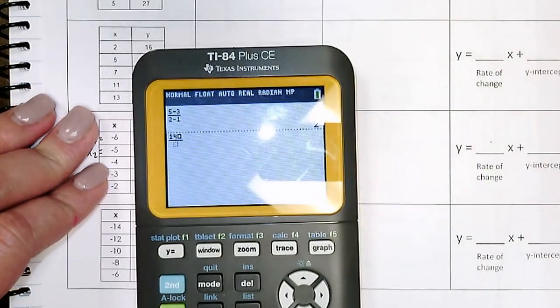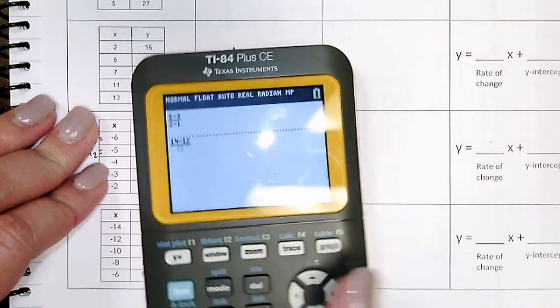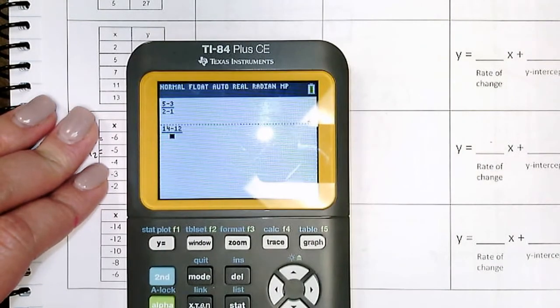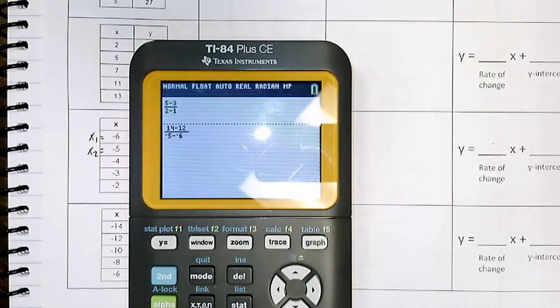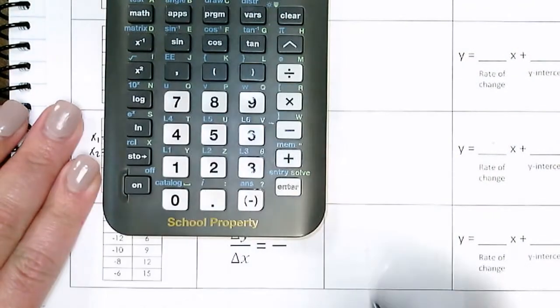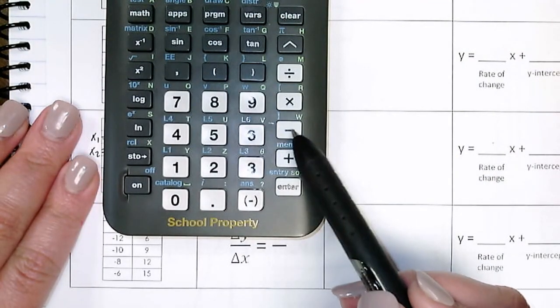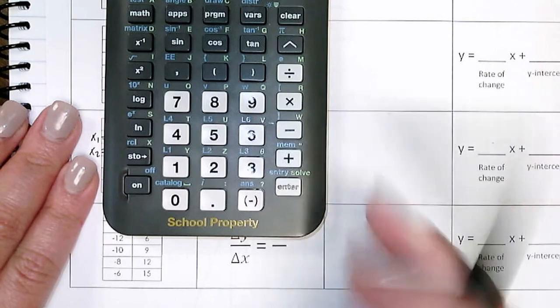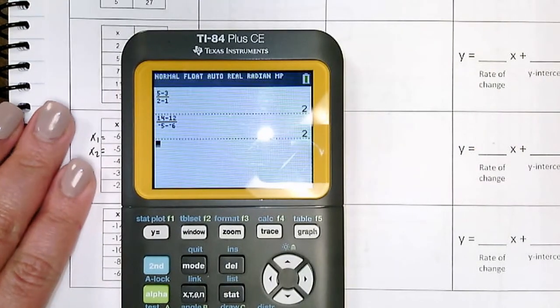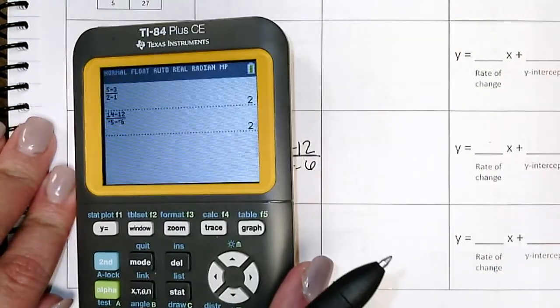So 14 minus 12, down arrow, negative 5 minus negative 6. And make sure that you're using the correct negatives with it. If you get an error message, that means you press the wrong minus sign. So you do have to be careful with that. And the slope is 2 again.